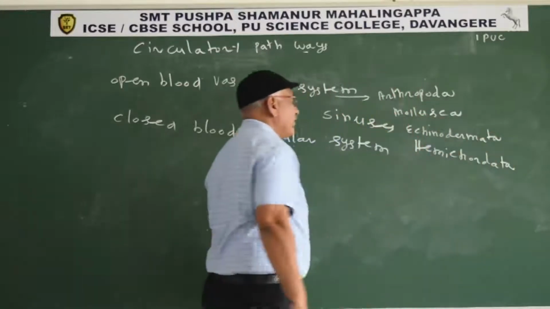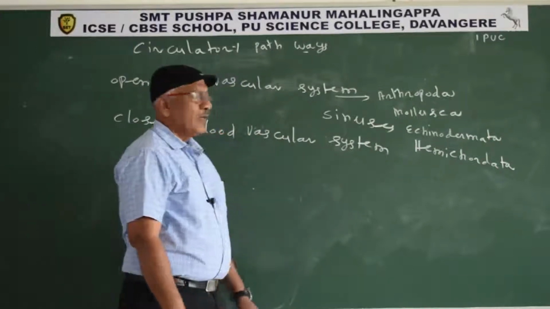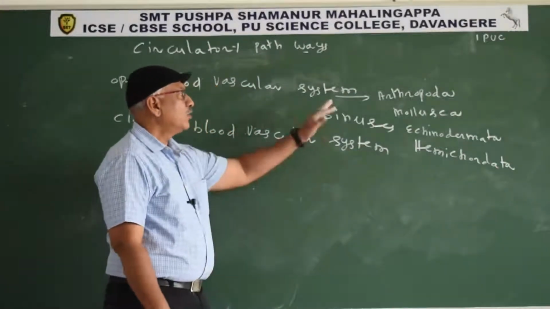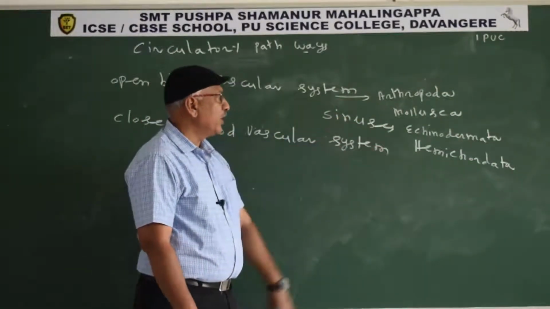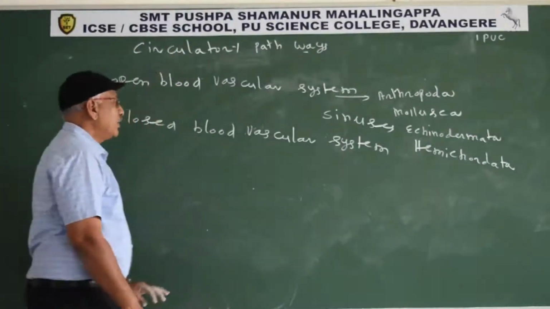So in the textbook, given arthropoda, mollusca, you go through animal kingdom classification, mentioned hemichordata also. So in the members of phylum arthropoda, mollusca, echinodermata, hemichordata, open blood vascular system is present.